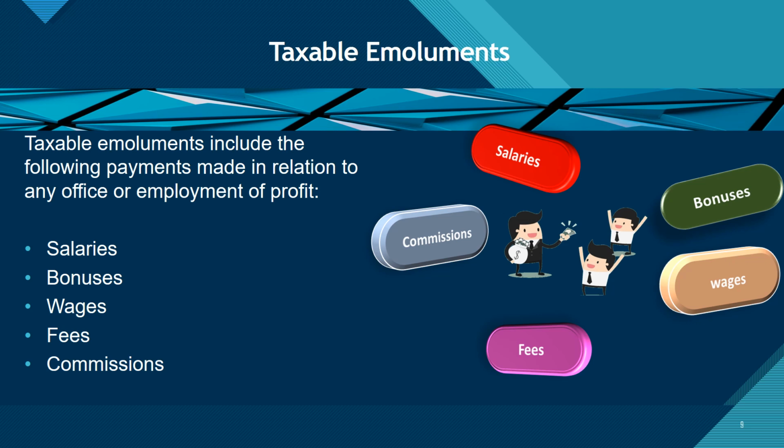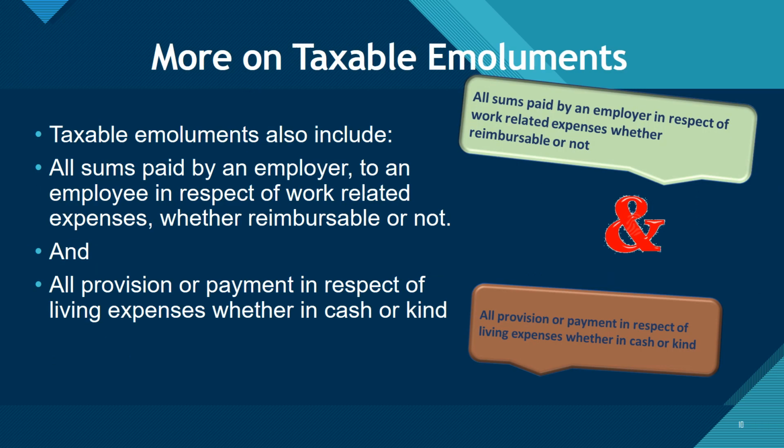Taxable emoluments. Taxable emoluments include the following payments made in relation to any office or employment of profit: salaries, bonuses, wages, fees, commissions. More on taxable emoluments.